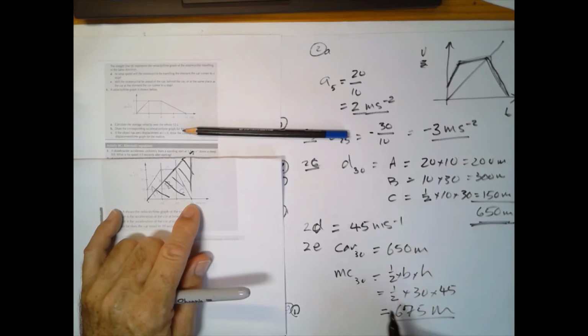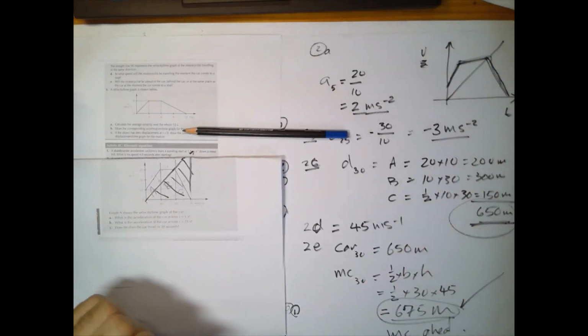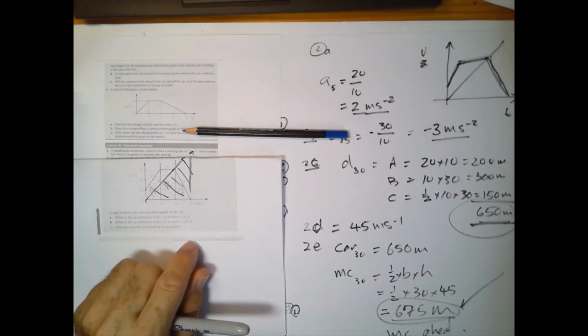So after 30 seconds the car's gone 650, the motorbike's gone 675, so the motorcyclist is ahead. Motorcyclist ahead. There you go. We'll come back for the next one in a moment.